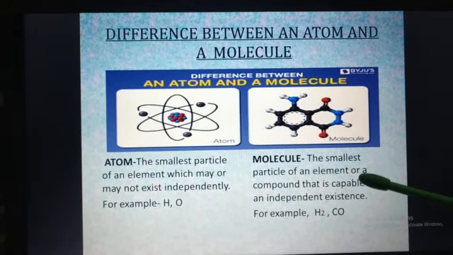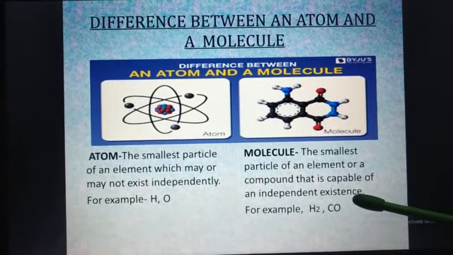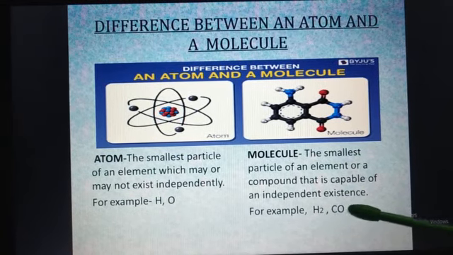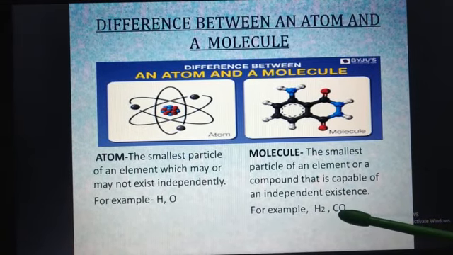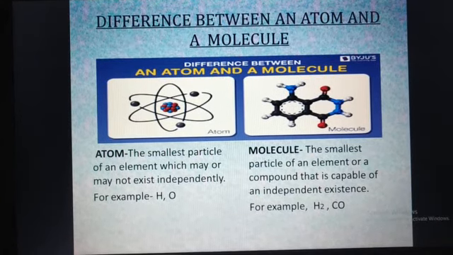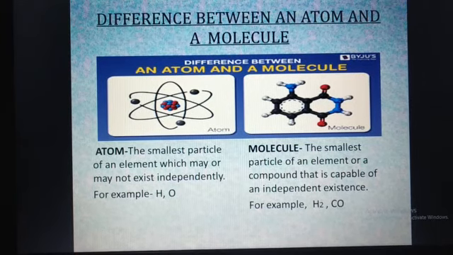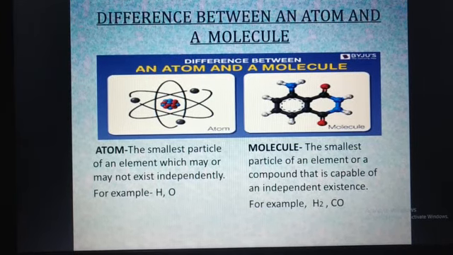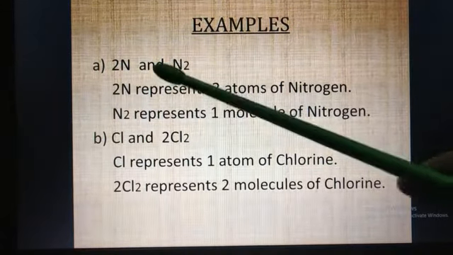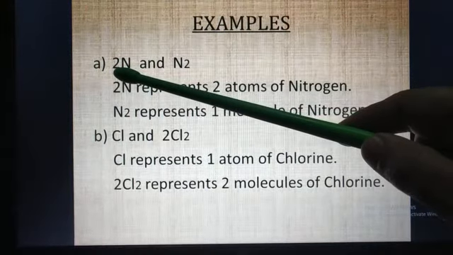Molecule: the smallest particle of an element or a compound that is capable of an independent existence, like H2, where two atoms of hydrogen are combining, CO, where one atom of carbon combines with one atom of oxygen. So here you will be able to achieve the third learning outcome, that is to differentiate between an atom and a molecule.